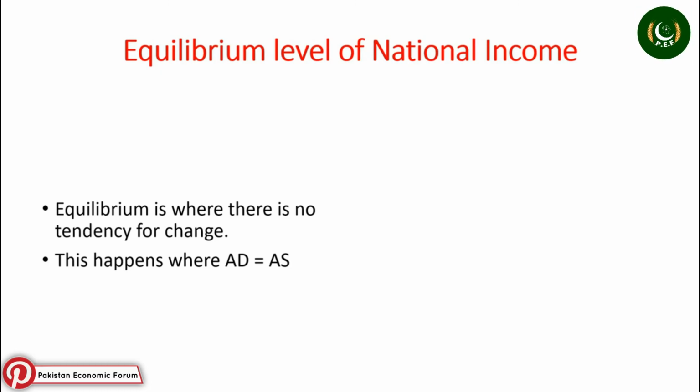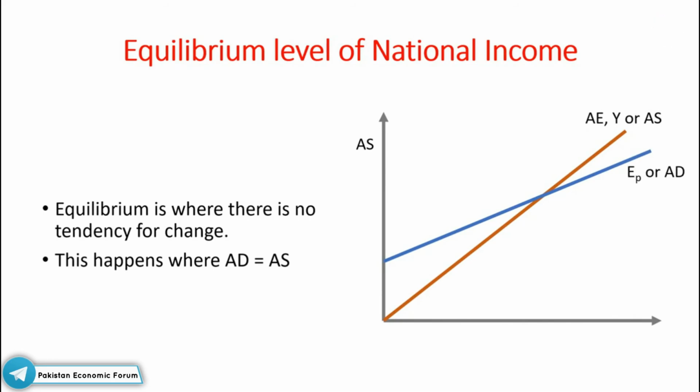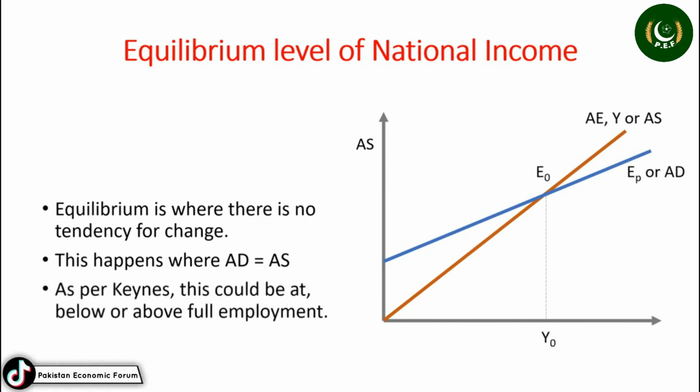This happens where aggregate demand is equal to aggregate supply. Remember, as per Keynes, this could be at, below, or above full employment, contrary to classical economists who believe that economy is in equilibrium only at full employment level.